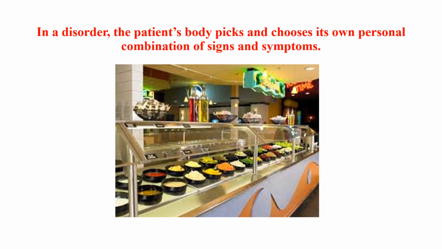So what you have to understand is, in a disorder, the patient's body, could be your body, picks and chooses its own personal combination of signs and symptoms, right? Your body picks a little bit of this and a little bit of that, and I like to think it's like a Piccadilly cafeteria where you can go and pick out a little bit of this and a little bit of that.